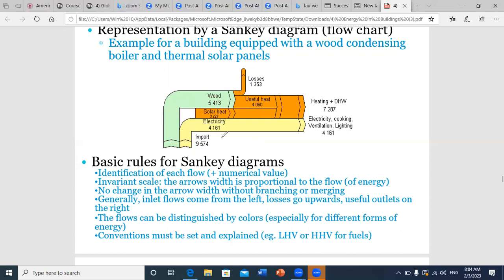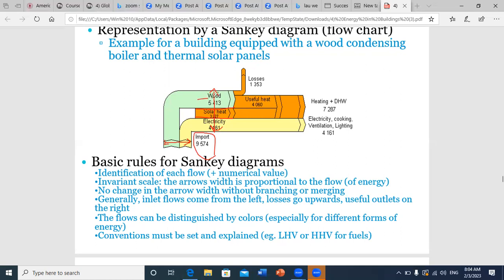We don't consider solar heat as import because we have it for free. We add it here as a renewable resource, and this explains why we have a larger length here compared to this one, because this is only for non-renewable energies. However, here it's the summation of renewable and non-renewable.